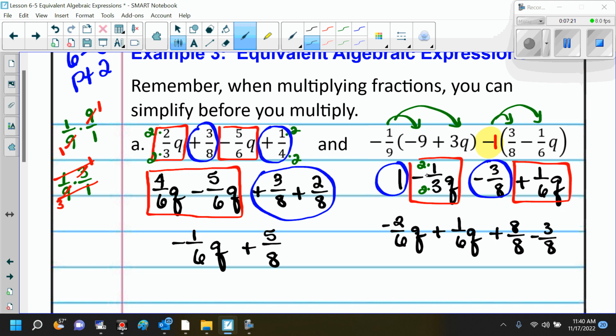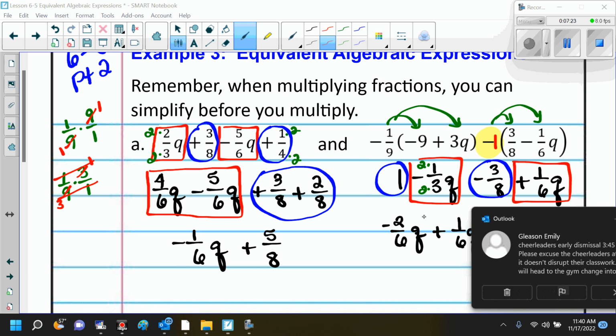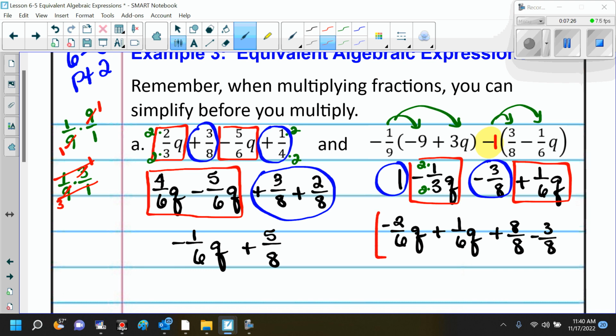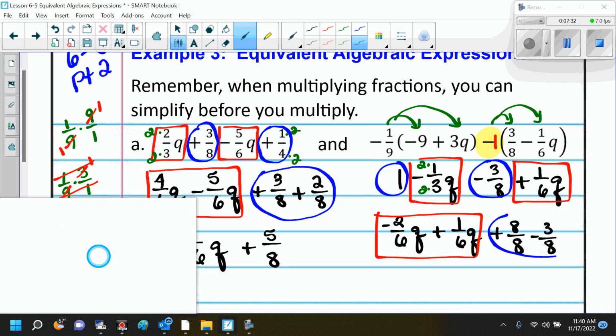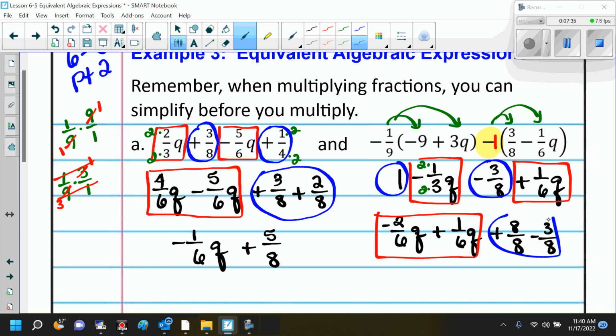And now we can combine our like terms. So we've got q terms here, and we've got constants there. So we're going to put our like terms together.